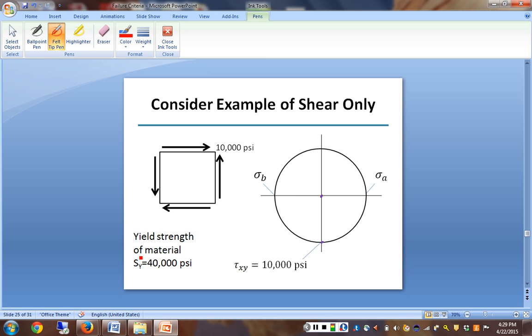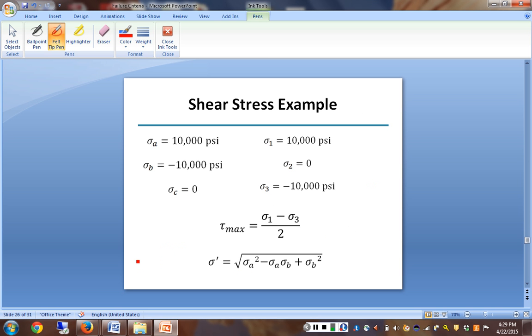Lots of 10,000s floating around. What's sigma C? It's always 0. If I re-rank for sigma 1, 2, 3, this guy just slides up and becomes the middle value. And the maximum shear is sigma 1 minus sigma 3 over 2.